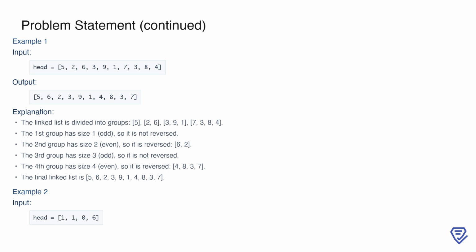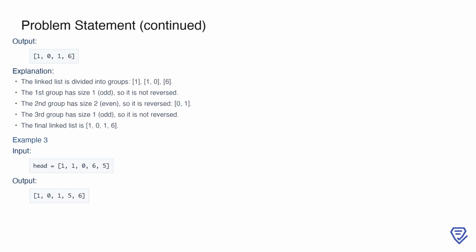The third group, 3, 9, 1, has an odd size, so it is not reversed. The fourth group, 7, 3, 8, 4, has an even size, so it is reversed to 4, 8, 3, 7. After performing these operations, the final linked list becomes 5, 6, 2, 3, 9, 1, 4, 8, 3, 7.